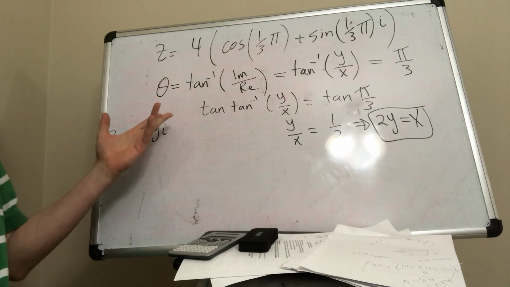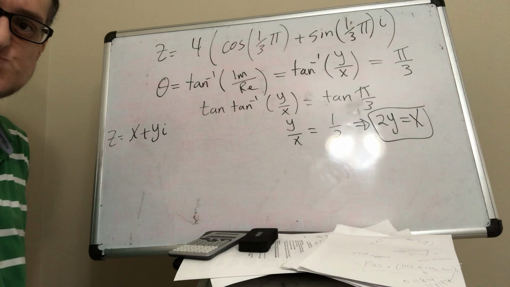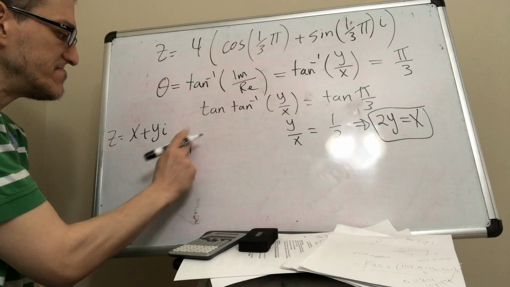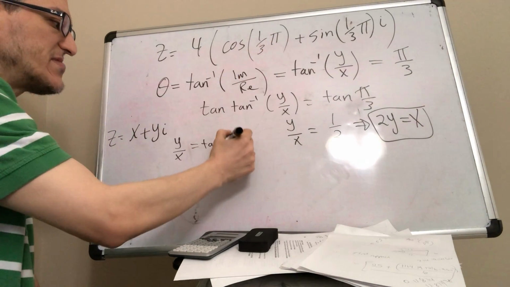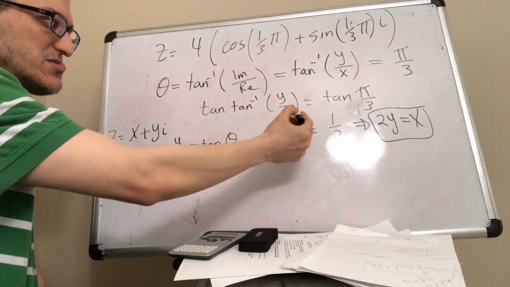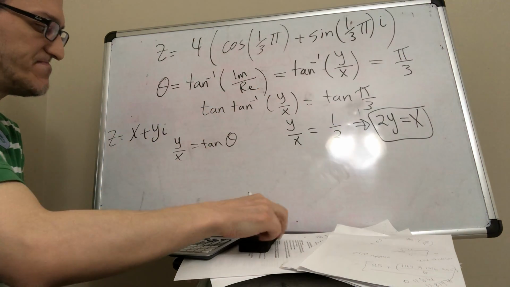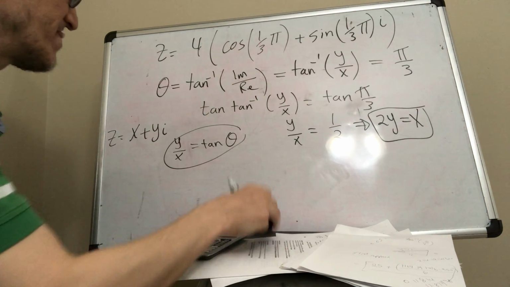Or if you want to make life easy, you just remember if you have it in polar and you need to switch, y over x would always be tan whatever the argument is. So you could just say y over x equals this right away. I'm just showing you how you get it.